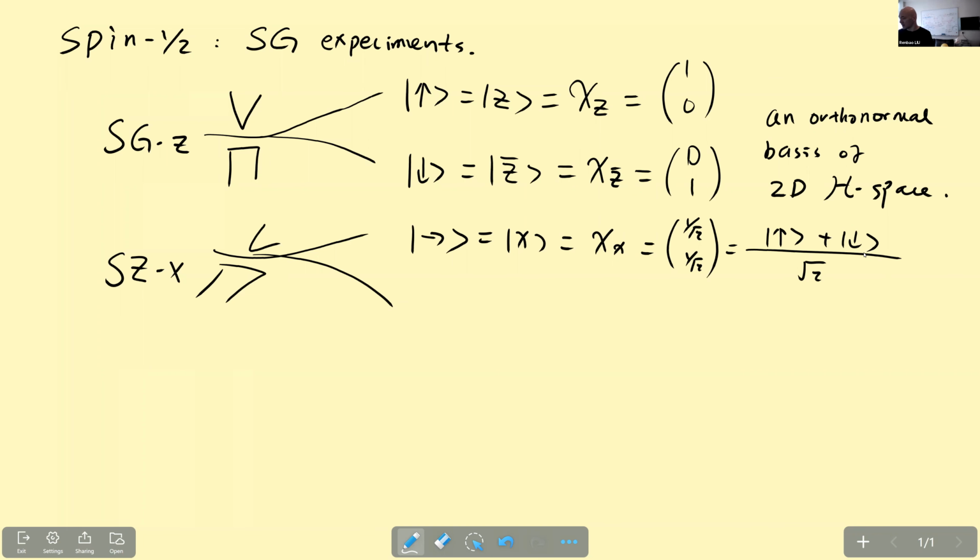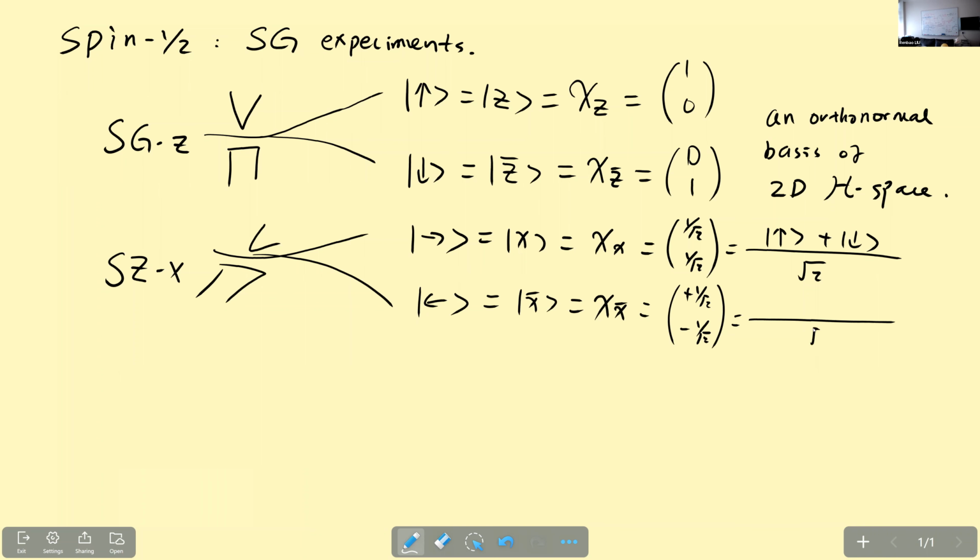Another possibility is called spin left, or the minus x direction. We denote it x bar, which should also be orthogonal to the x state. It's also a superposition of spin up and spin down states.